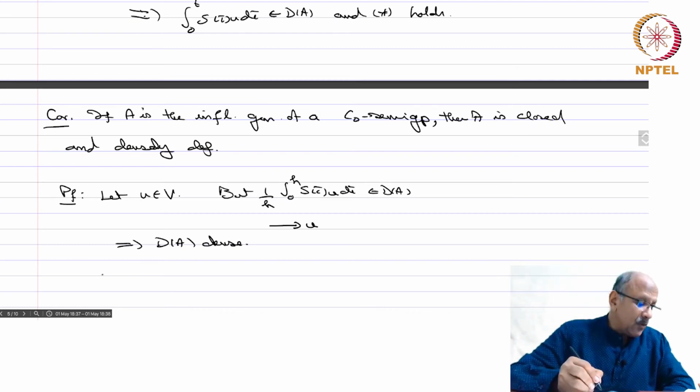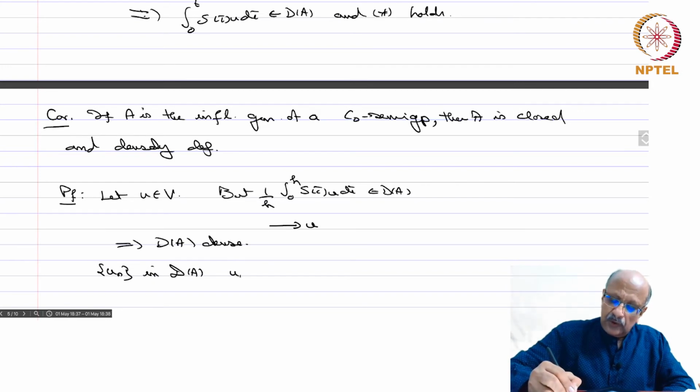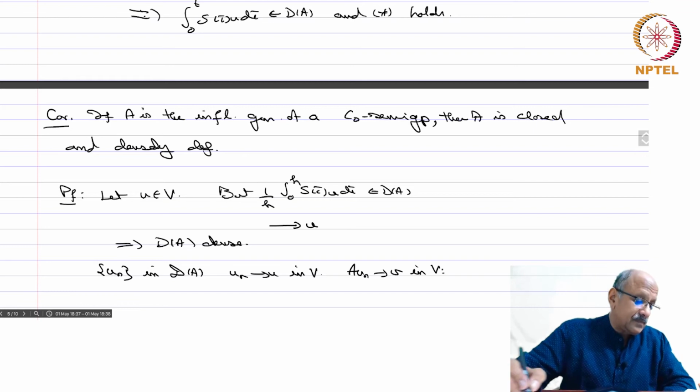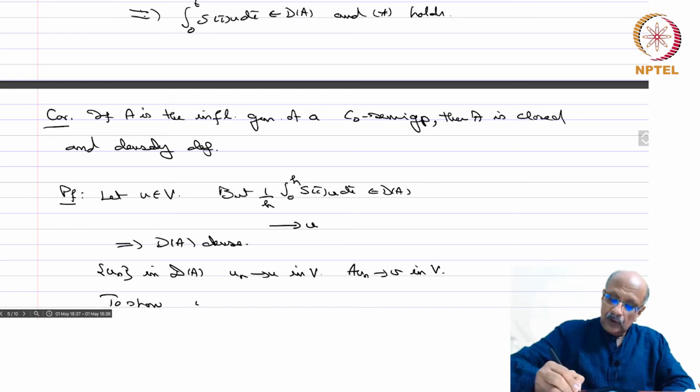Okay. So, now we want to show that A is closed. So, let u_n in D(A) such that u_n converges to u in V, and Au_n goes to some v in V. To show: u belongs to the domain of A and Au equals v.